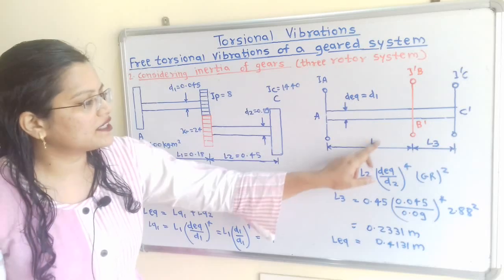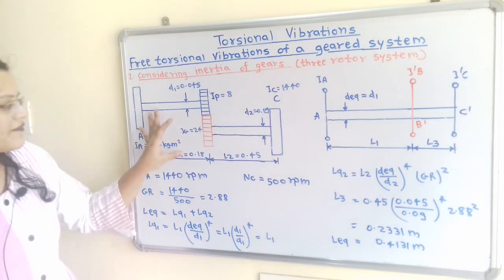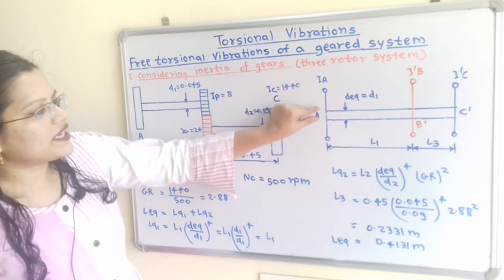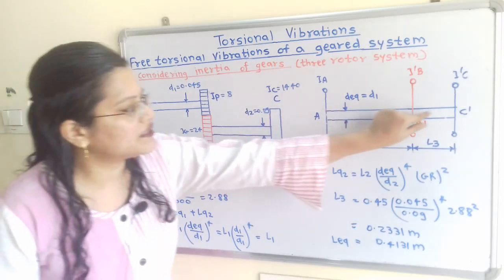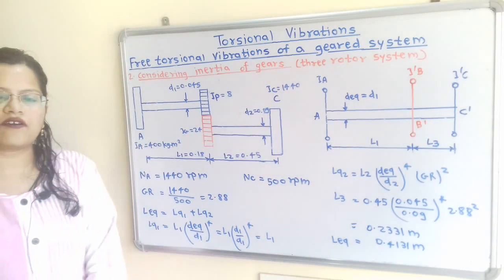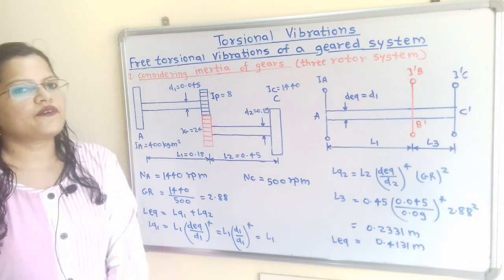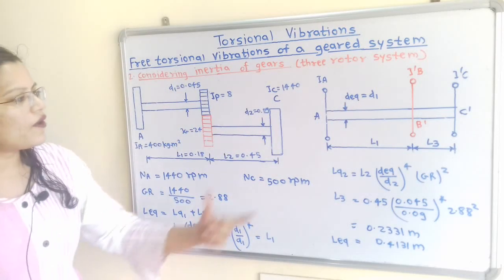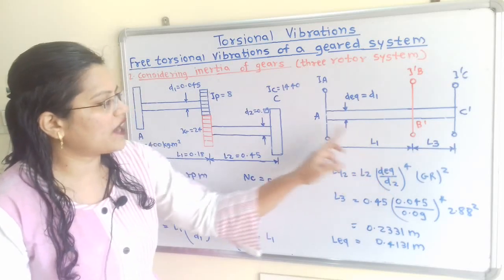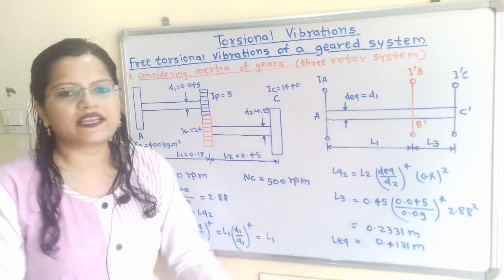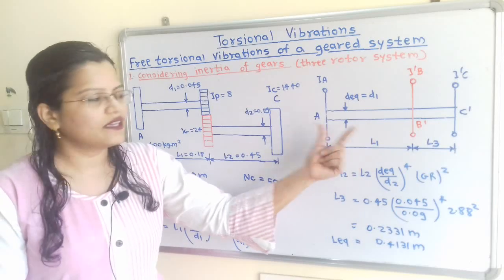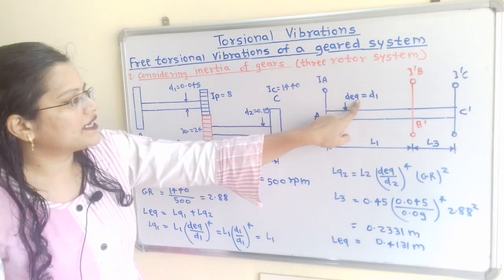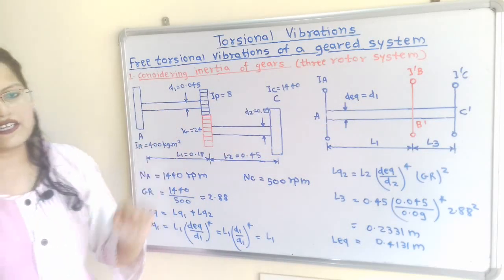So how to calculate this L1? We have to take the reference for this actual diagram. Now for the equivalent system we have to consider the uniform diameter of this shaft. So we will take here D equivalent is equal to D1. So for the first length, that is the length of shaft in between A and B dash, we will calculate LQ1 is equal to L1 multiplied by D equivalent by D1 raised to 4.